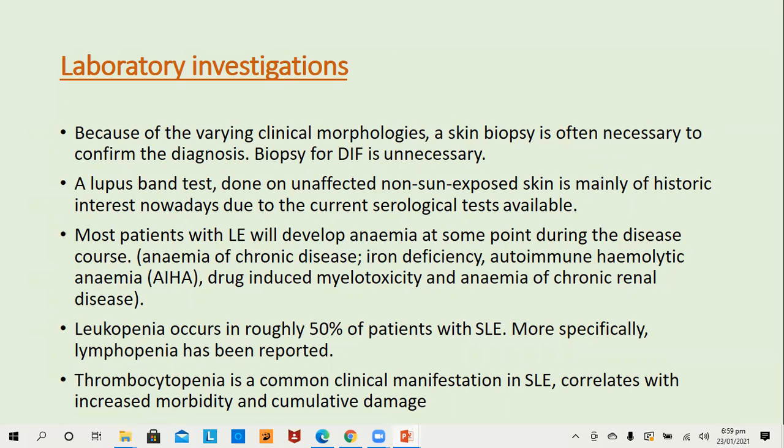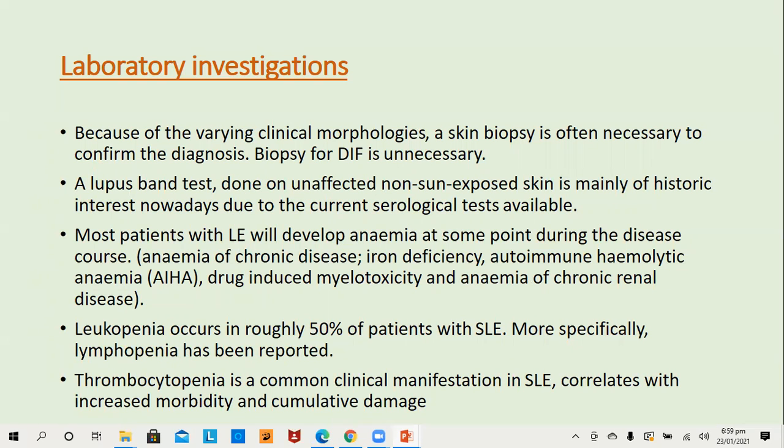Most patients with LE will develop anemia at some point of time. Anemia can be due to chronic disease, iron deficiency, autoimmune hemolytic anemia, drug-induced myelotoxicity, or anemia of chronic renal failure. So there are different causes of anemia in patients with SLE.